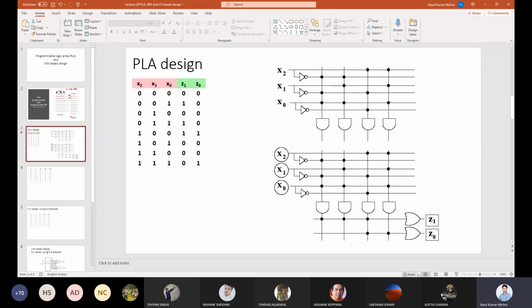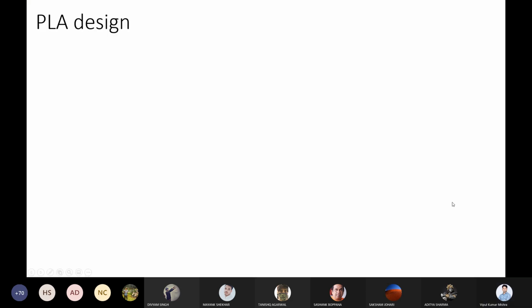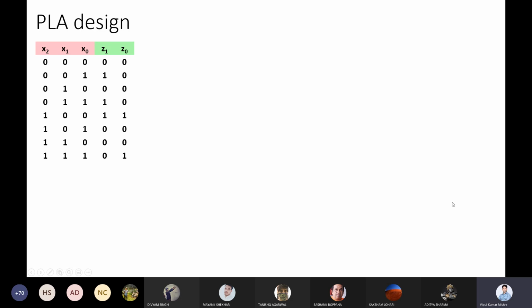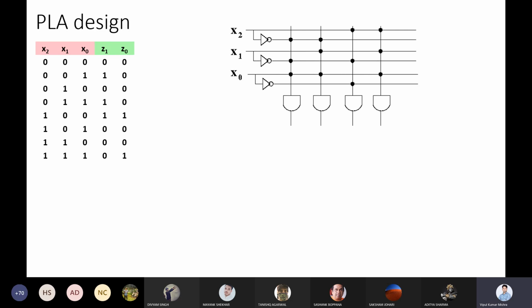Suppose I want to make this function, right? Now, definitely you will look into the AND array first, right? So in case of the AND array, we require this term, this term, and this term for Z1, right? Now for Z0, we require this term, and this term.